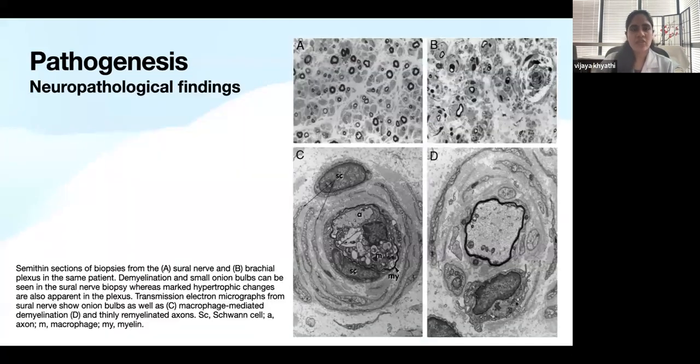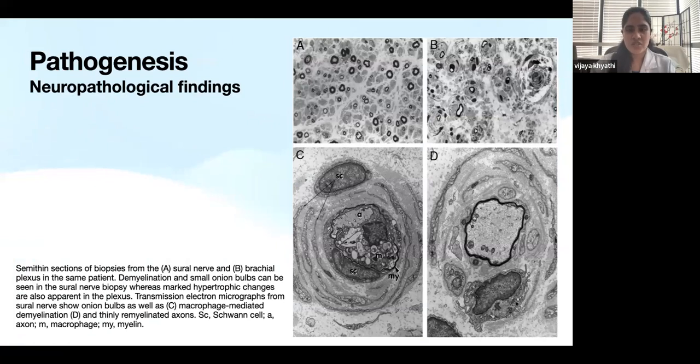Neuropathological findings: on a transverse section under the microscope, you can see remyelinating and demyelinating fibers in the form of onion bulb formation.